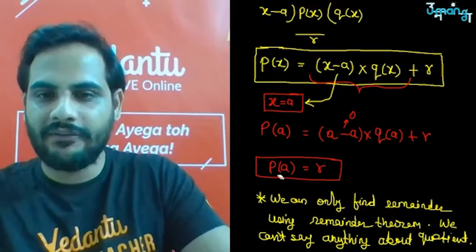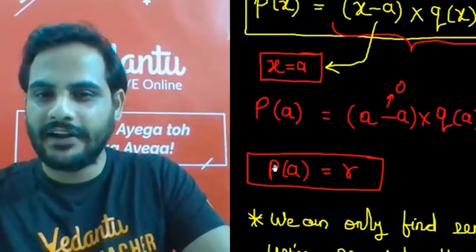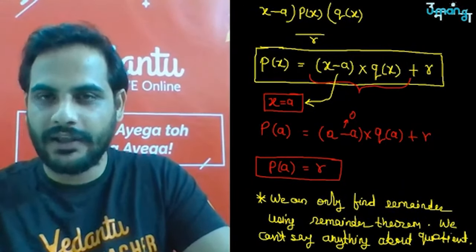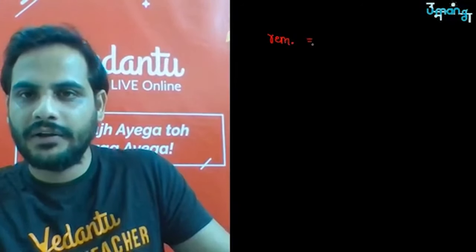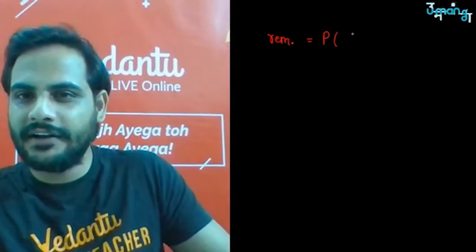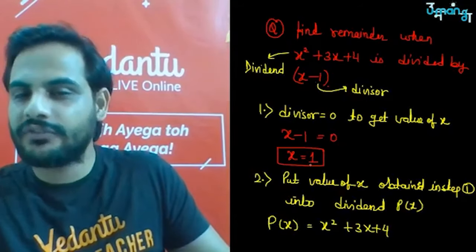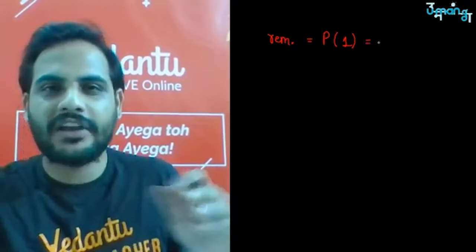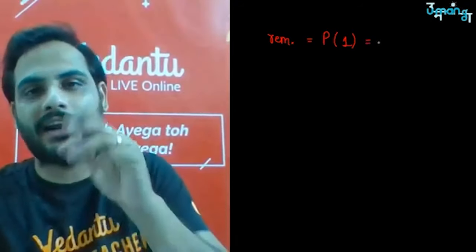Because I have told you that the value of the dividend at x is equal to a is equal to remainder. So my remainder will be equal to value of the dividend at x is equal to a, and a for this question is 1. So I will find out the value of x square plus 3x plus 4 at x is equal to 1.